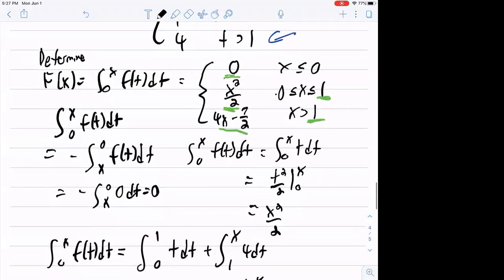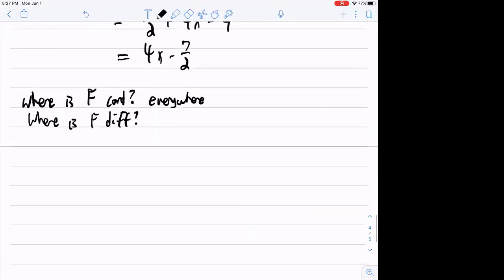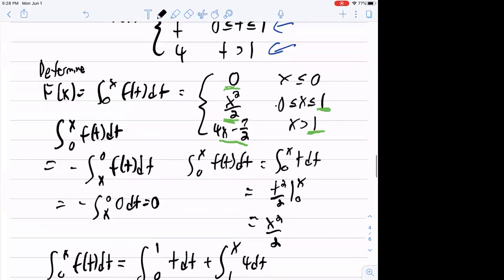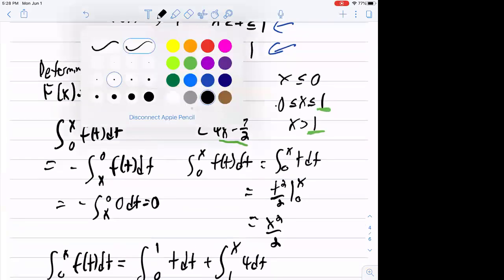So let's check at 0. How do I check? I need to check whether the limit as x goes to 0 of (f of x minus f of 0) over x exists. So let's check the limit from the right. f of 0 is 0, because I have equality here.